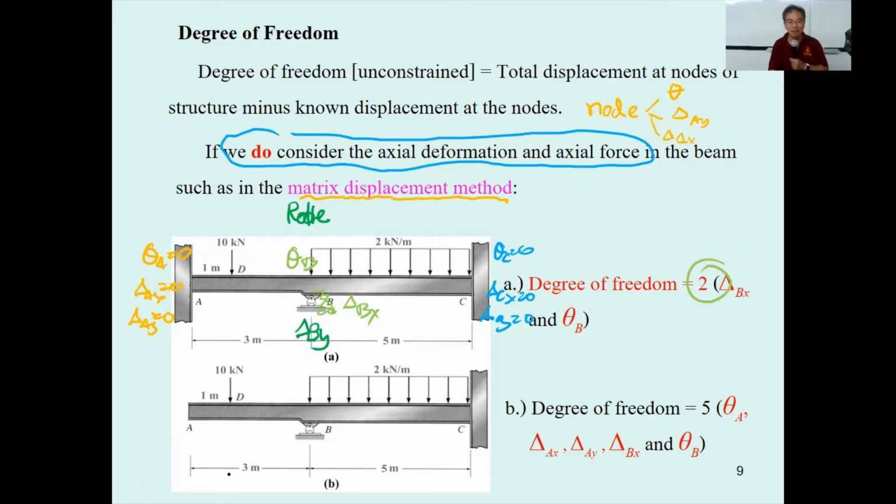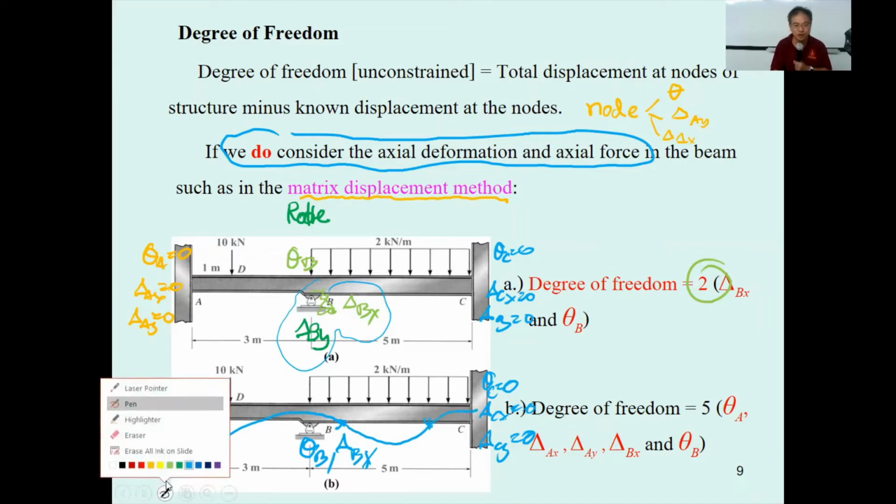Coming to this problem, as I mentioned before, this is fixed: theta sub c is 0, delta sub cx is 0, delta sub cy is 0. The B gives the same as before: you have theta sub b and delta sub bx. You have 2 degrees of freedom here. And since A can be deformed, the deformation of this one will change to something like here.